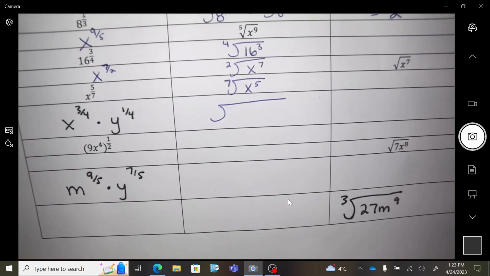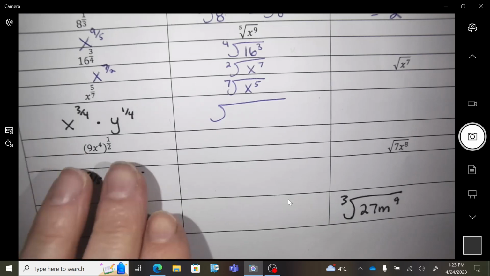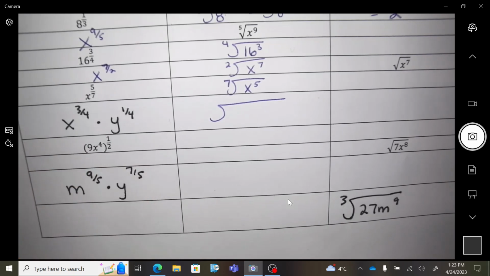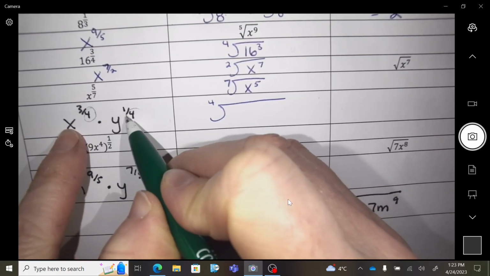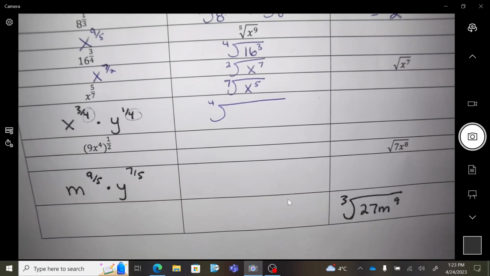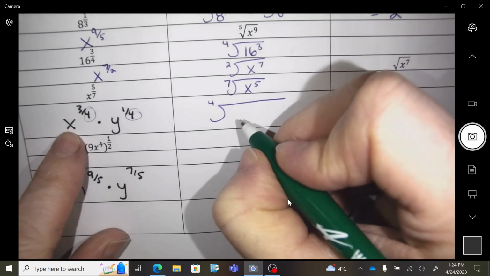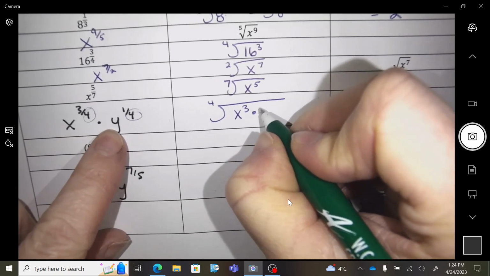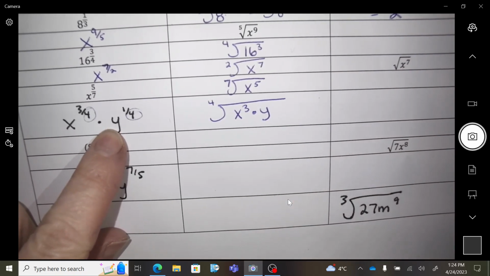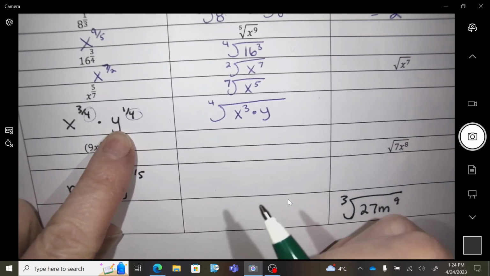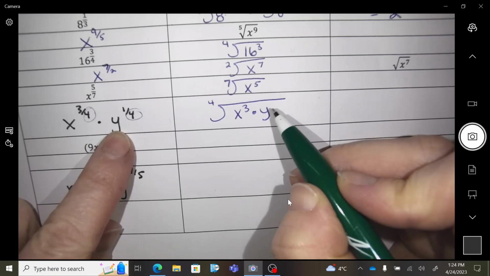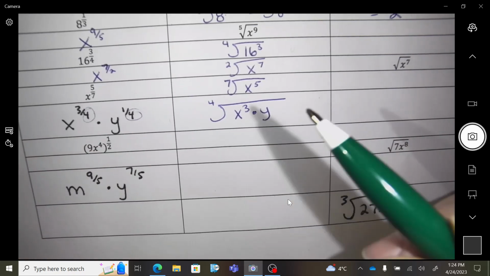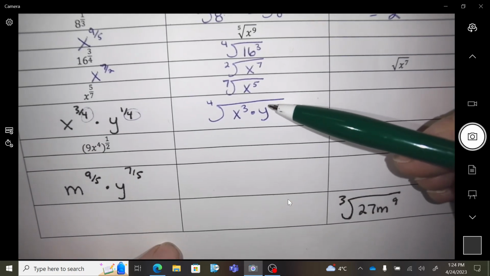What kind of radical am I taking out of everything? The 4th root. Do you see that? Because there's a 4 on the bottom and a 4 on the bottom. So I'm taking the 4th root of an x cubed and a y. Okay? It is not wrong to put a 1 on top of the y, but it's not needed, so I'm not going to write it. Does that make sense to you? You could have a 1 here.